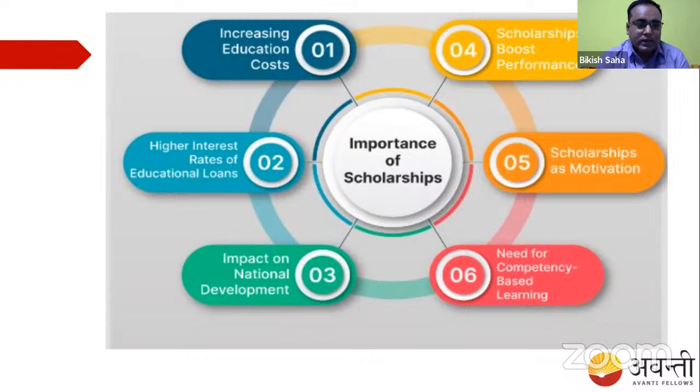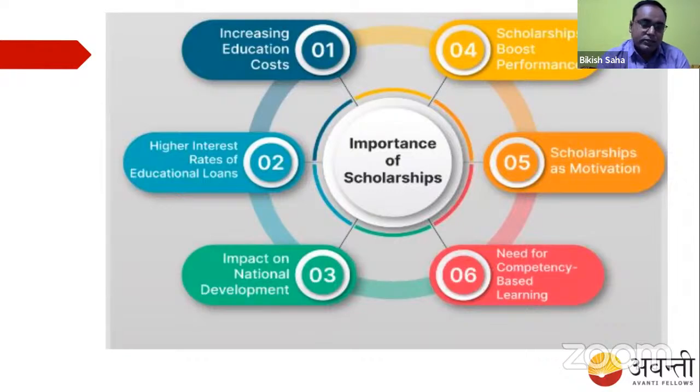The second is higher interest rates on education loans. First of all, every student can't afford to go for an education loan, because education loans don't come free. They ask for a mortgage, meaning something you need to give to the bank, on the basis of which you get the education loan.